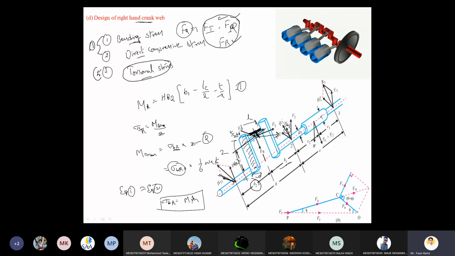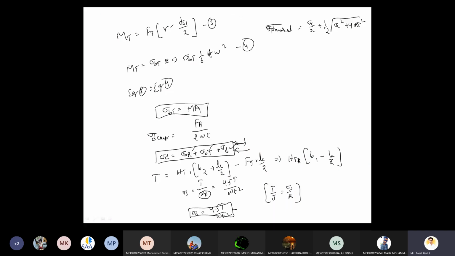So two different natures of stresses are generated here. So for that reason, I'm considering the maximum normal stress theory here.